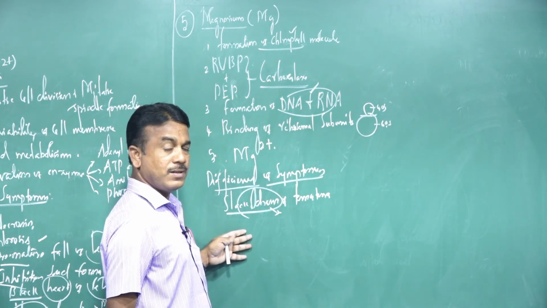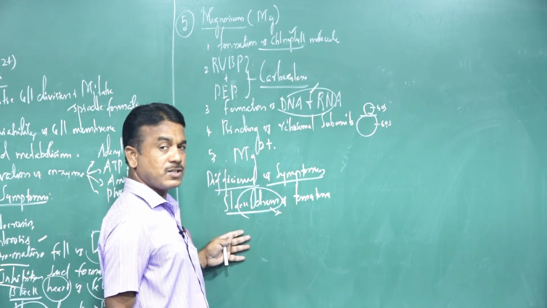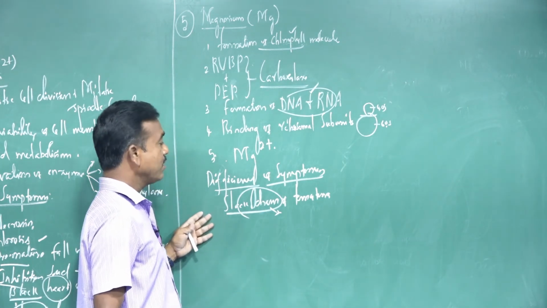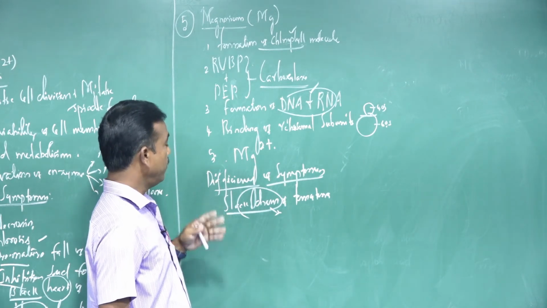Initially it appears in the young leaves and is accentuated in the old leaves. These are the deficiency symptoms of magnesium.